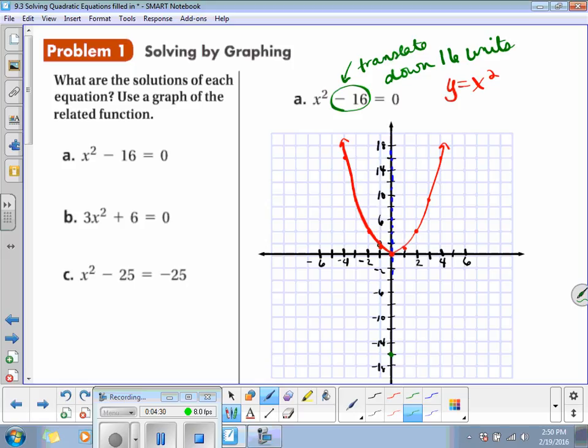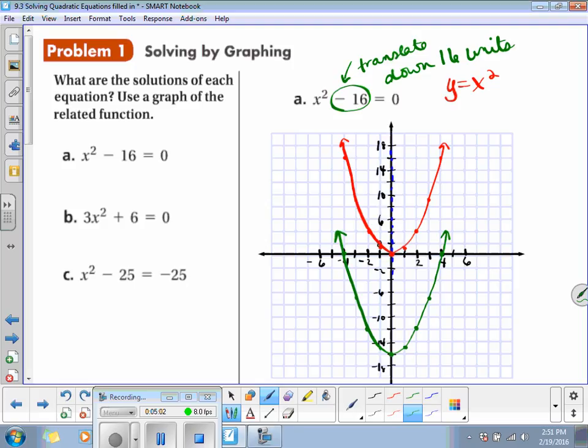Over here, this 1 is going to be down 16 units right here, and so forth. So all of the points in the parent function have moved down 16 units, so that is what your graph looks like. Is everybody clear?